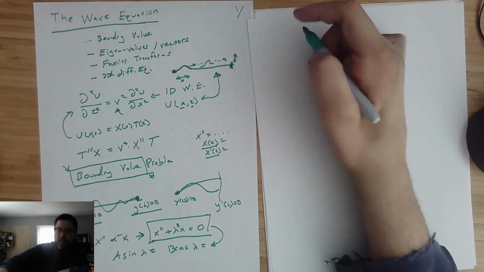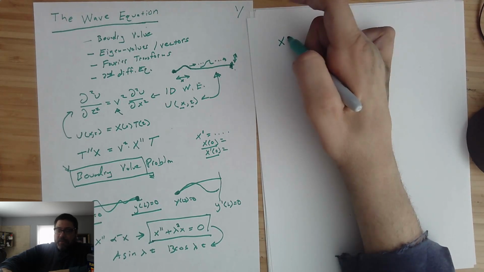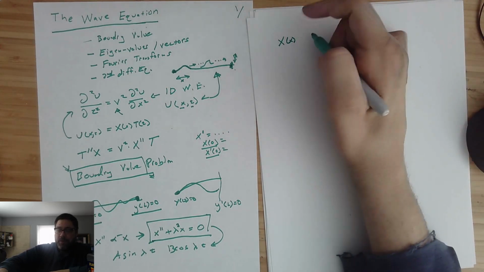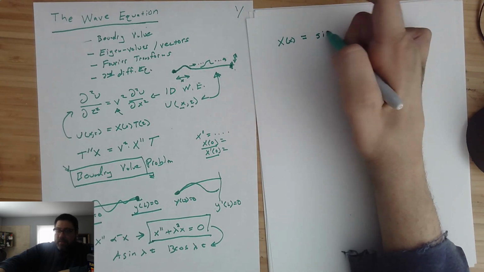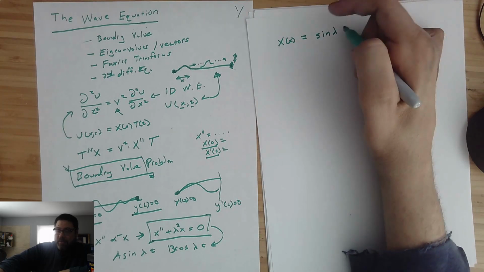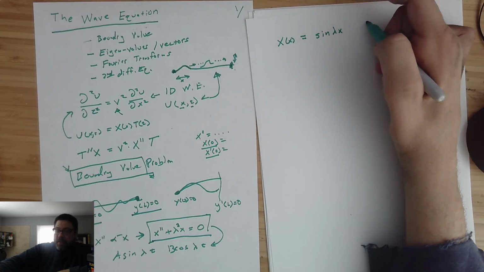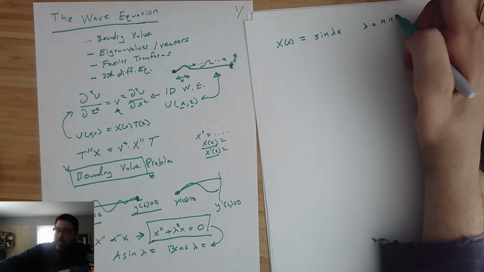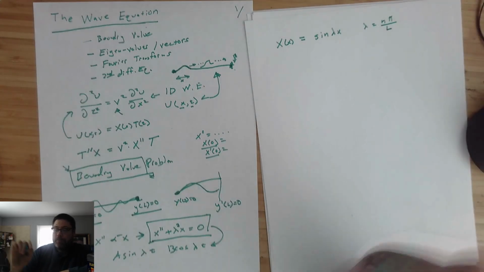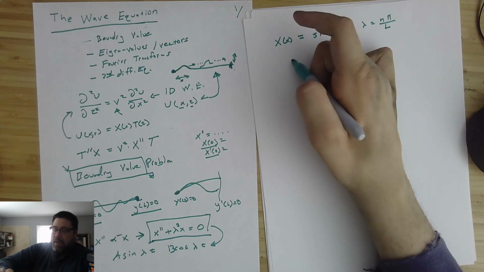So in this case, my capital X of little x function can only be functions that look like the sine of lambda x, right? And lambda has to be n pi over L. Okay, so this is the standard boundary value problem.